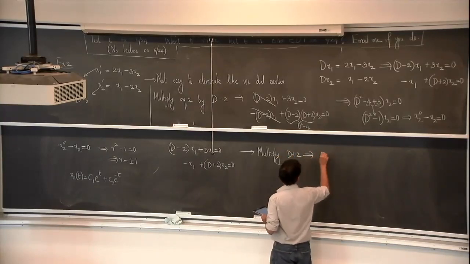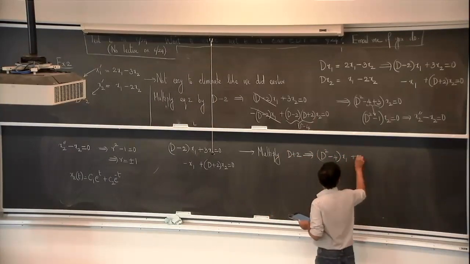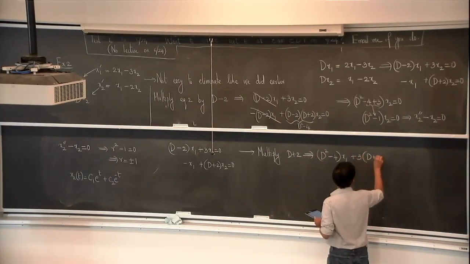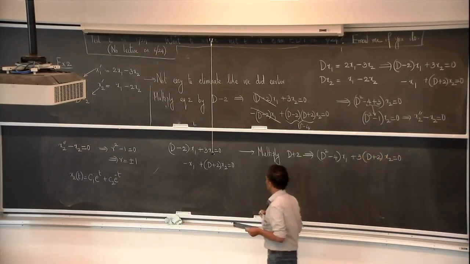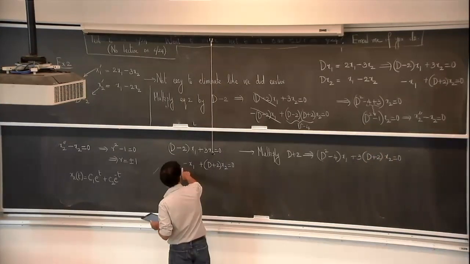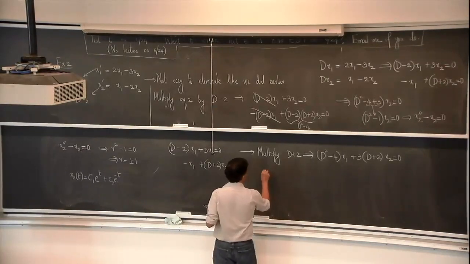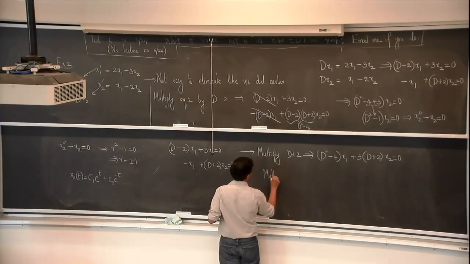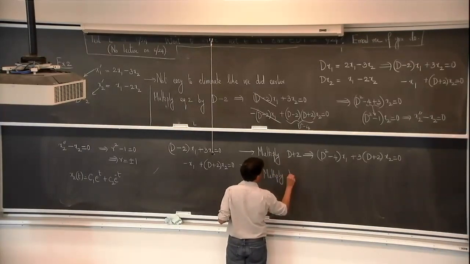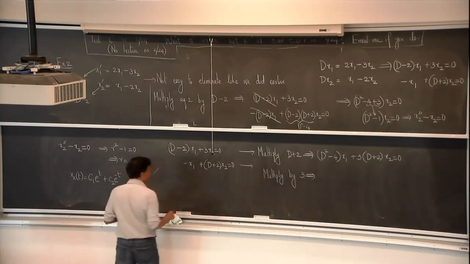And you get D square minus 4 x1 plus 3 times D plus 2 x2 equal to 0. And I'll multiply the second equation by 3, because I'm trying to eliminate x2. That way we'll get the same coefficient for the x2 term.